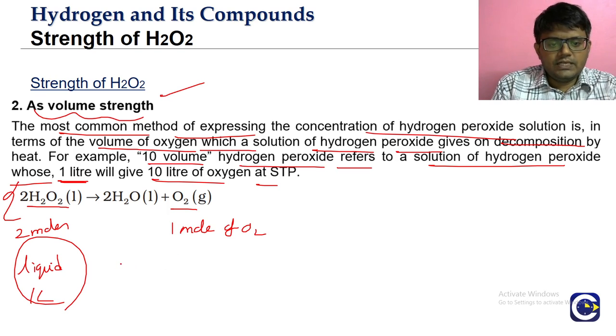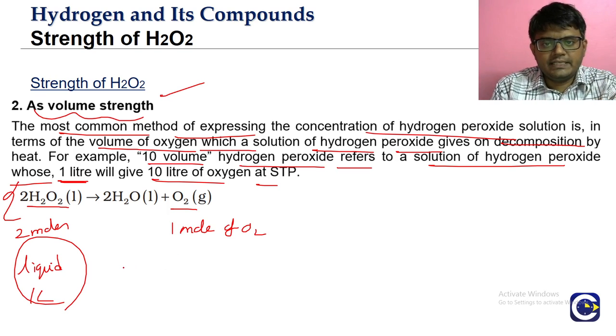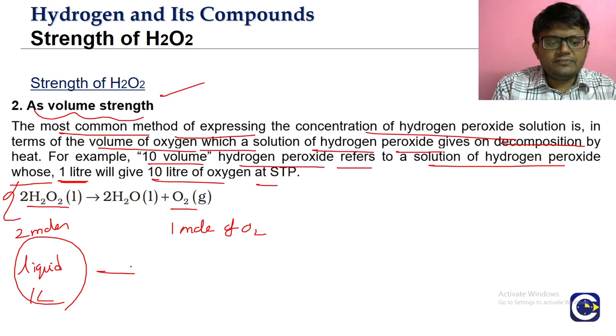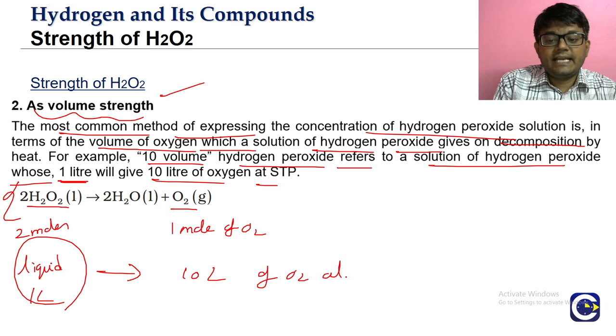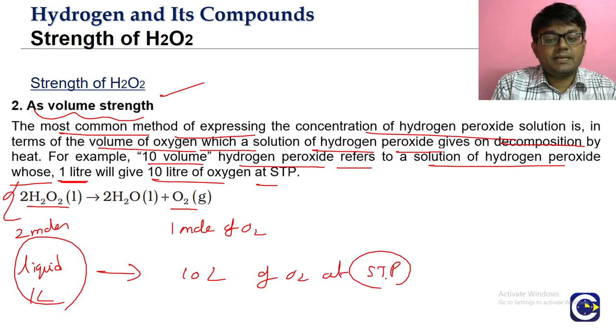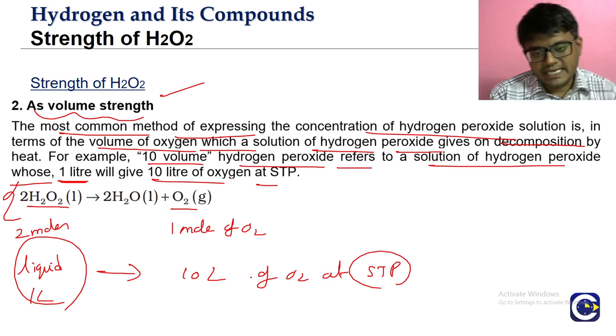When the hydrogen peroxide present in that 1 liter is decomposed, if for example it gives us 10 liters of oxygen gas at STP, standard temperature and pressure conditions, then we will say this hydrogen peroxide in our hands is 10 volume strength.